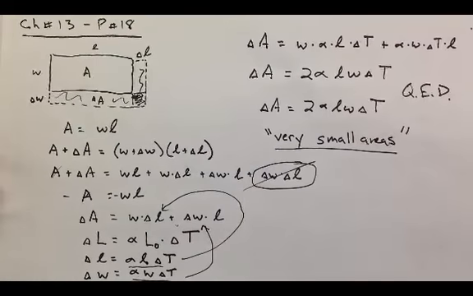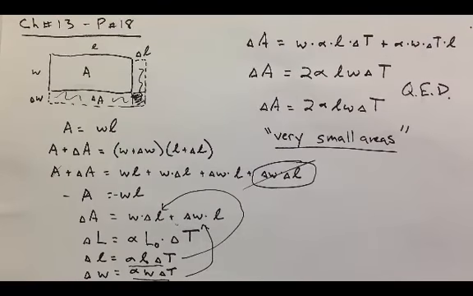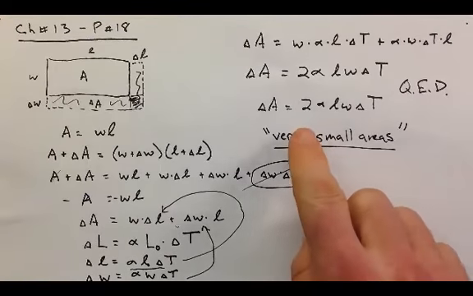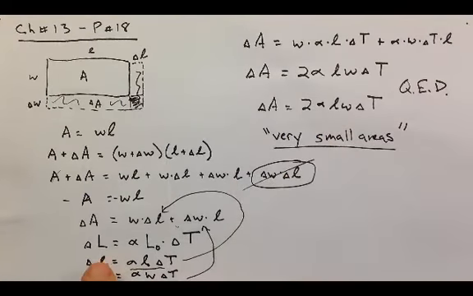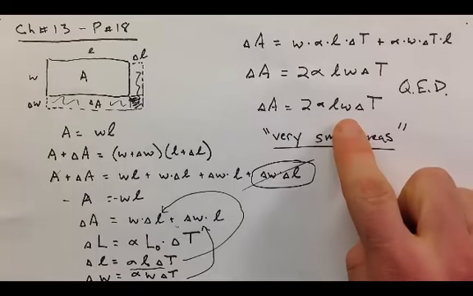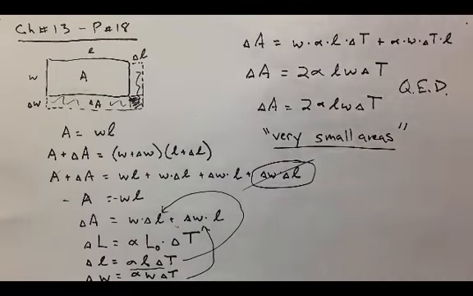Okay? So there we go. Neat little proof, almost mathematical in nature, showing that with our formula for length, if you neglect very small areas, you can actually get a formula for area.